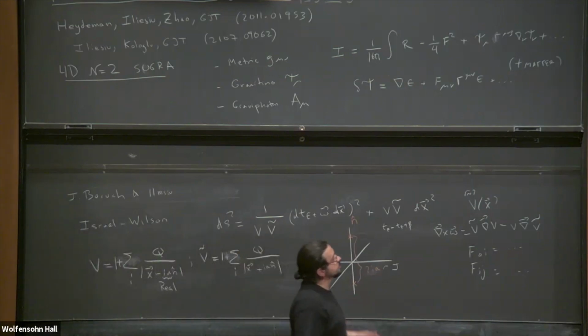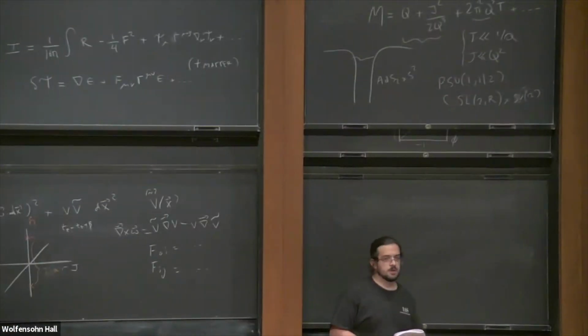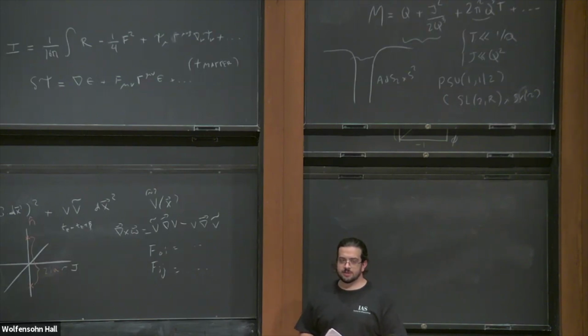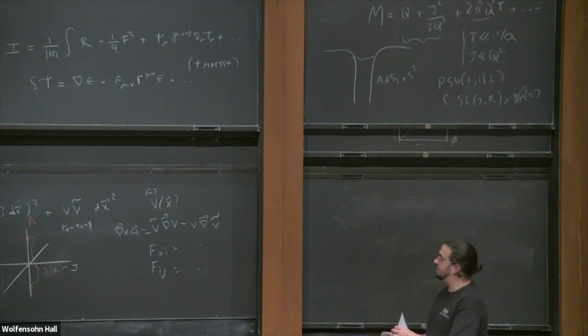In principle, those should contribute to the index, and it's interesting to see how they do. They are like rotating supersymmetric versions of the multi-center extremal Reissner-Nordström solutions that appear in some discussions of AdS2 as well. Okay, that's one comment.